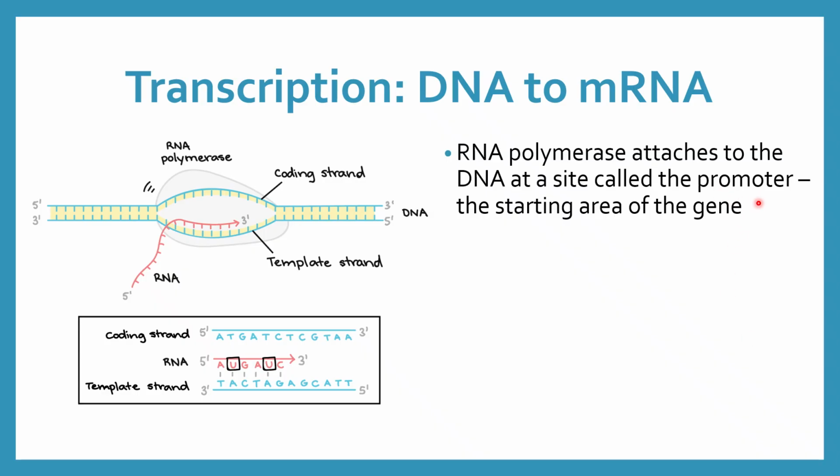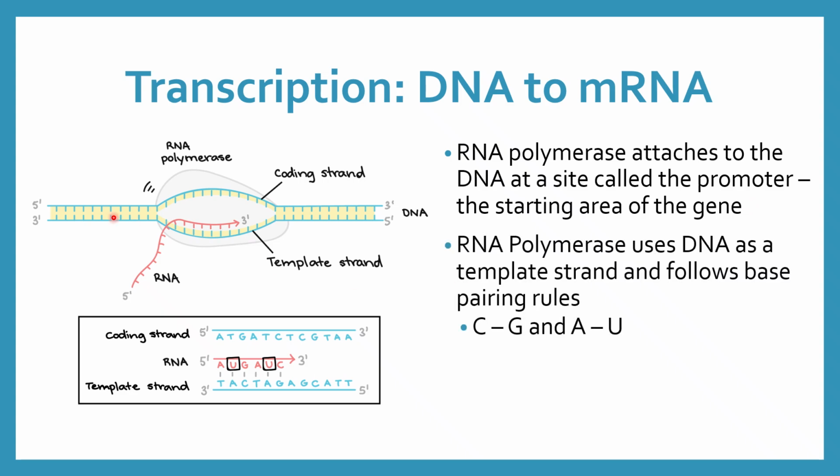This is one of those non-coding parts of DNA, that junk DNA that regulates how we read our genes. So this particular site, the promoter, is telling the polymerase, hey, a gene is about to begin after me, so attach here and you'll be able to copy the whole gene.